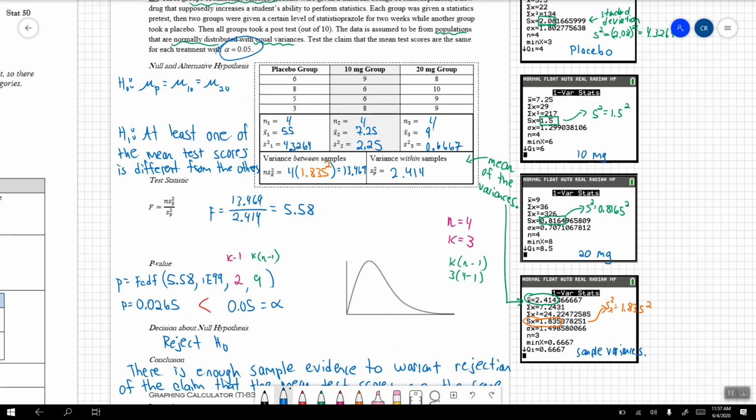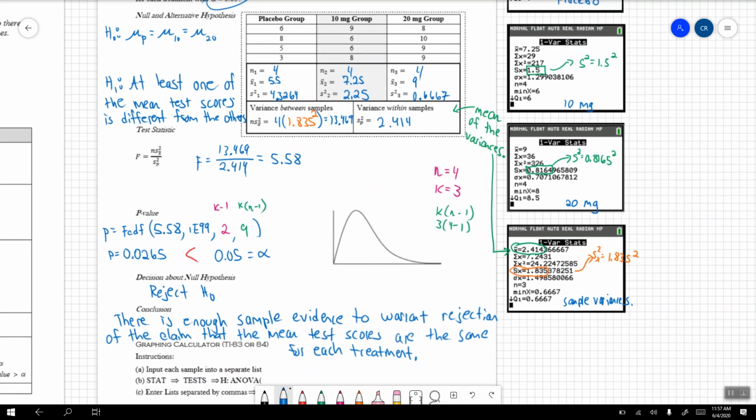So when I write this, I'm not writing the conclusion to say that we support the alternative hypothesis, because the question being asked said, are the mean scores the same for each treatment? We know that we're supporting the alternative, but to write the conclusion more effectively, all we need to say is that the means are not the same, because that is what we were initially testing against.